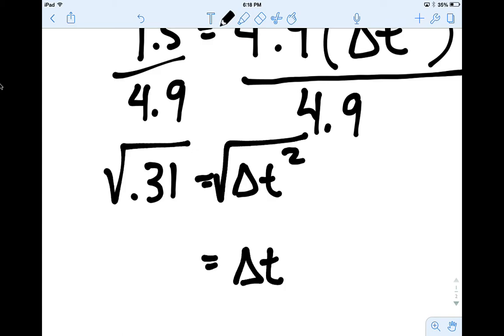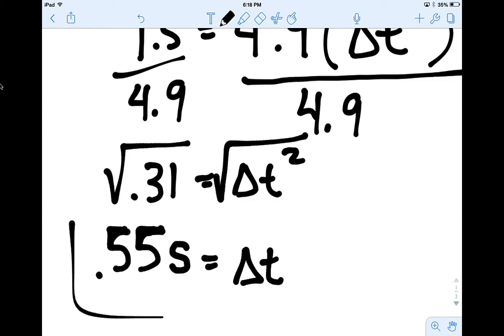What we're looking at here is 0.55. And delta T is a time, so that means it's 0.55 seconds. That's the time that it would take.